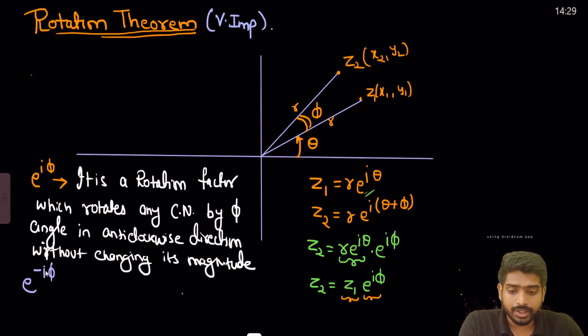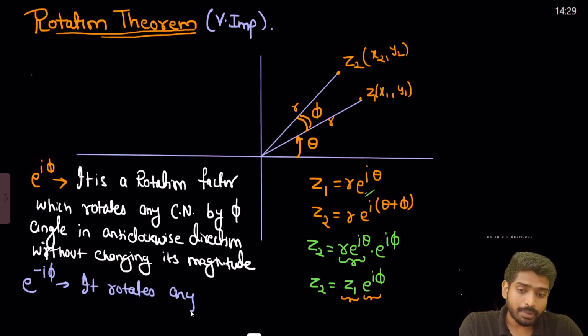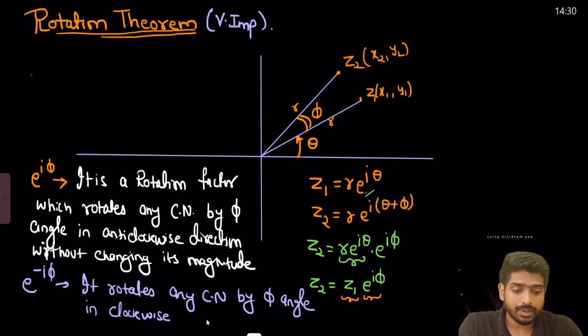So if we are multiplying e to the power minus i phi, it rotates any complex number by phi angle in clockwise direction.